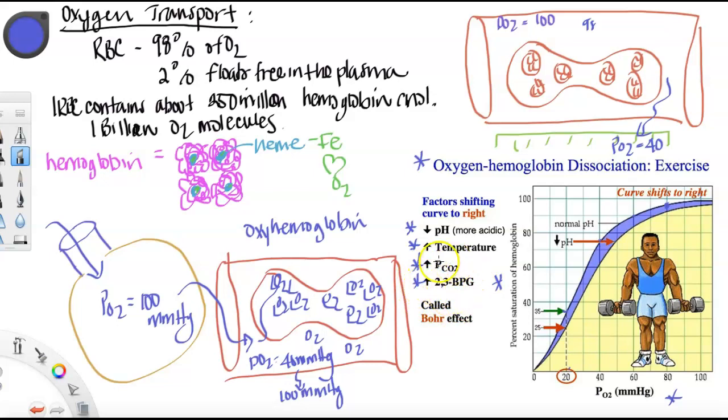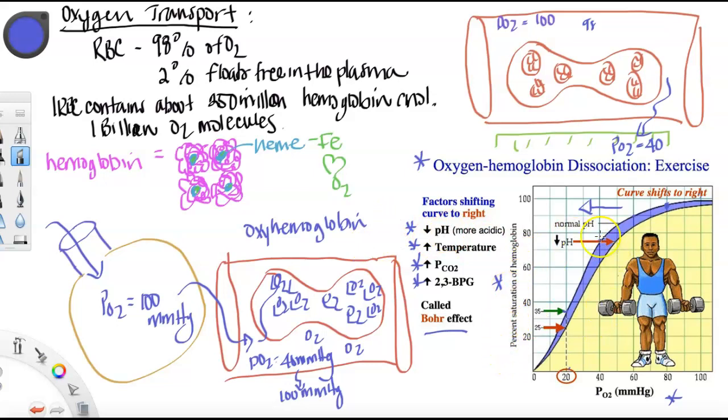That is called the Bohr effect, because it moves the curve to the right and makes the hemoglobin way less sticky. The opposite circumstances, an increase in pH, decreased temperature, and so on, make the curve go to the left. It makes the oxygen more sticky. So when you exercise, you utilize more oxygen because there's less affinity of the oxygen for the hemoglobin, and so it's letting it go easier.